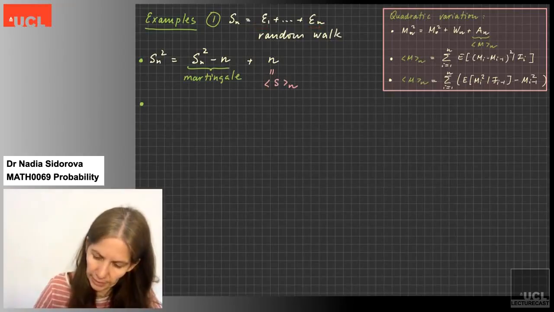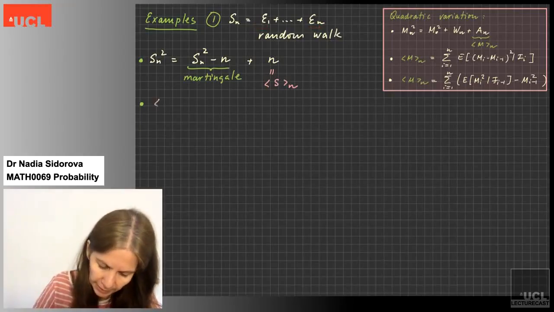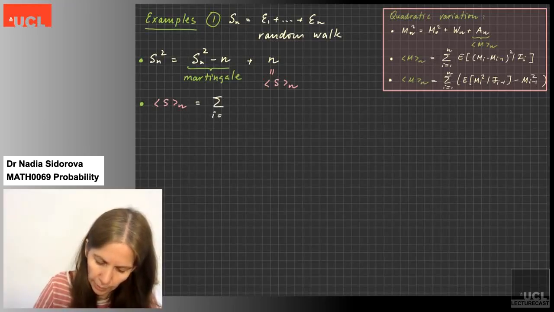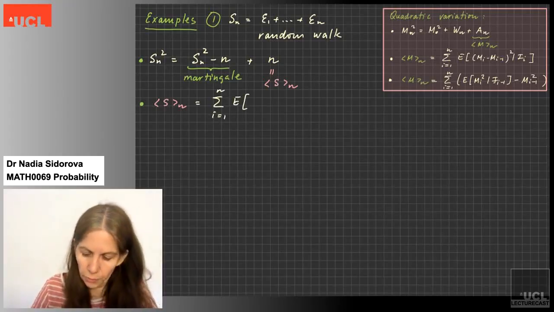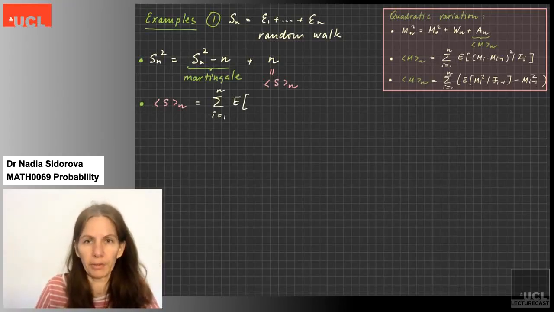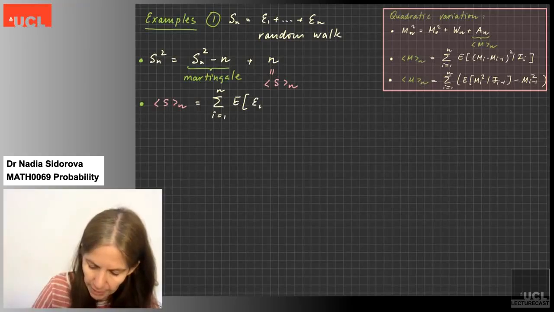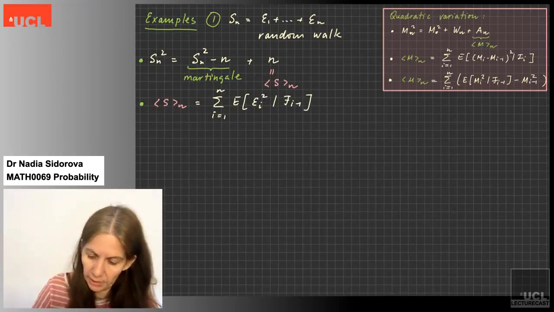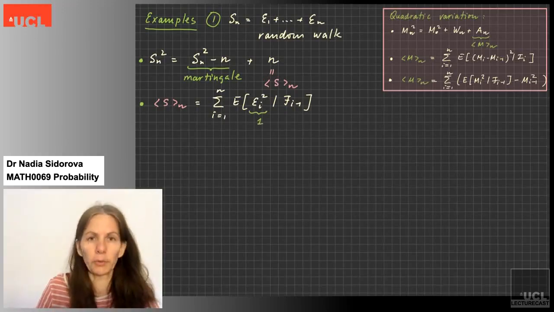So here I will say, okay, S_n is equal to the sum from 1 to n of the conditional expectation of my ith increment, epsilon_i squared, given F_{i-1}, but if I square this step, then it is simply equal to 1.